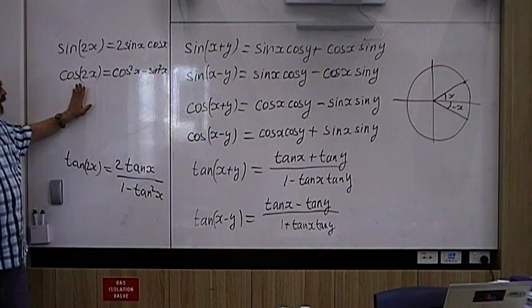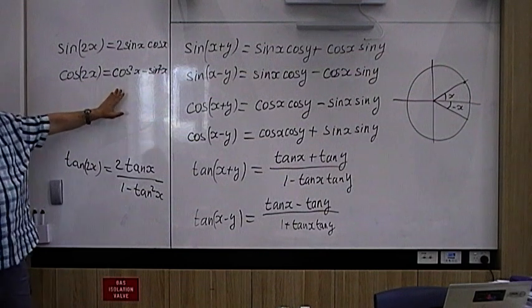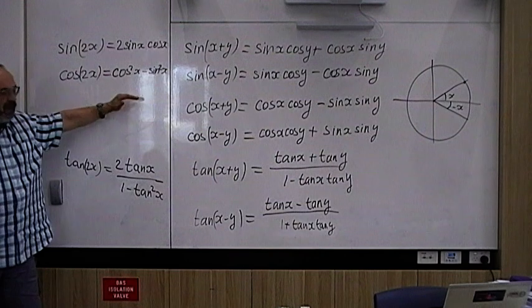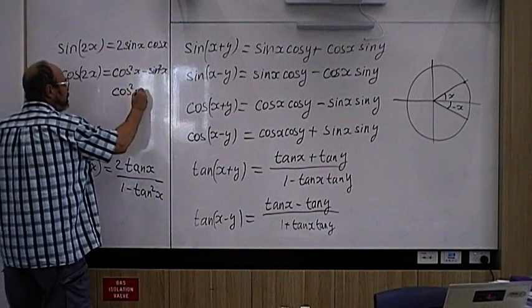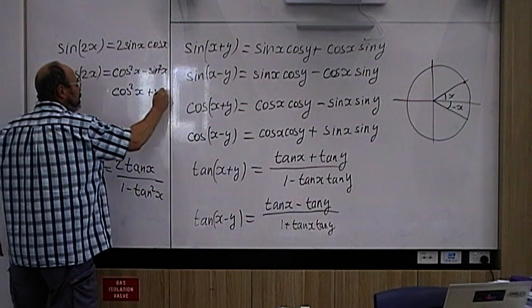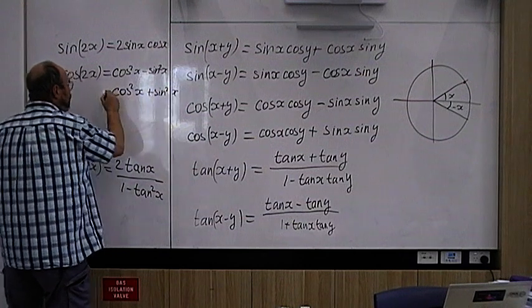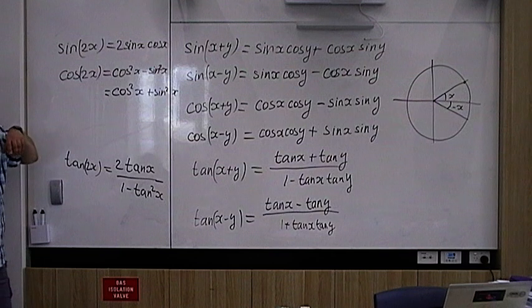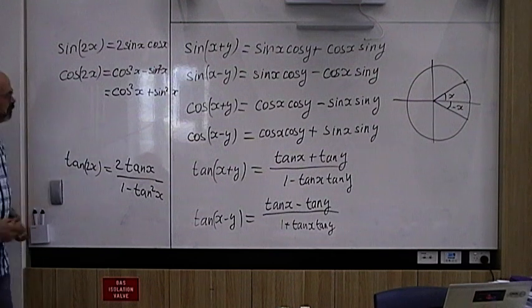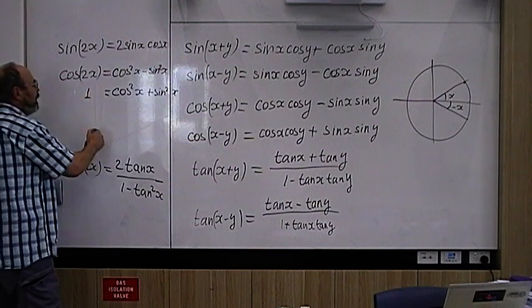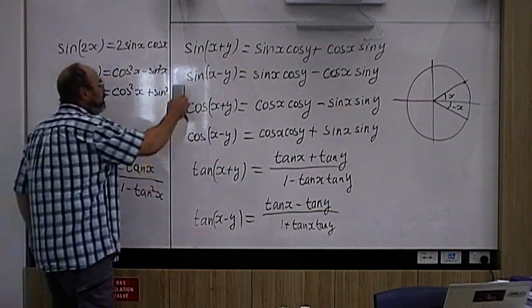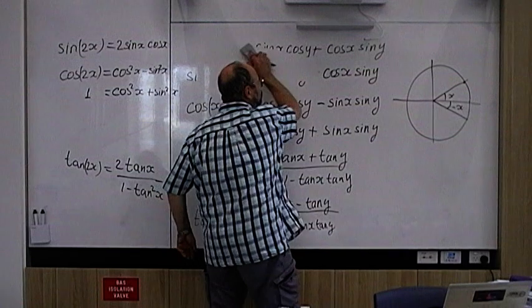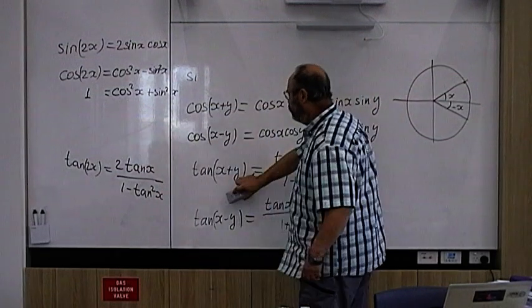Now, here I will write the Pythagorean identity under this. Cos squared x plus sine squared x. What is cos squared plus sine squared? 1. So 1 equals 1. Let's add these two formulas, formula 1 plus formula 2.